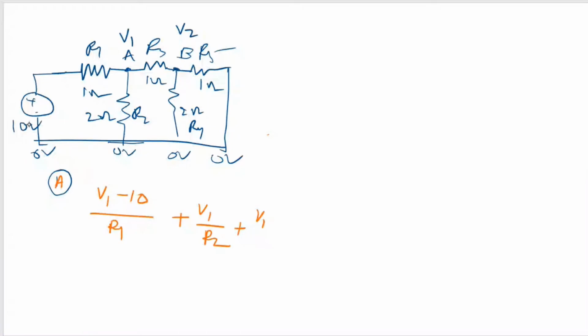How many elements are connected to node A? R1, R3 and R2 are connected, so I have written 3 elements. For however many elements are connected, we have to add those many currents, and the sum is equal to 0. This is the first equation at node A.